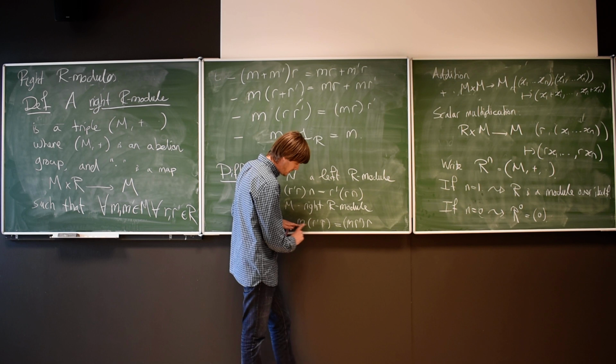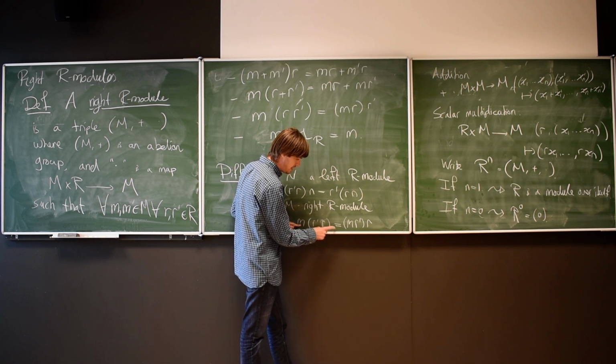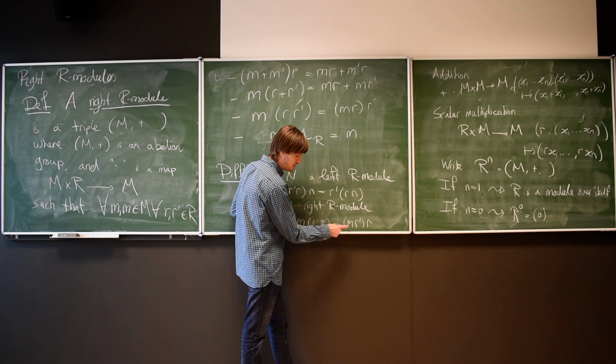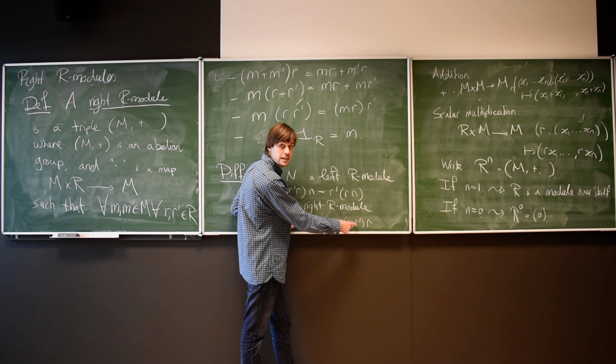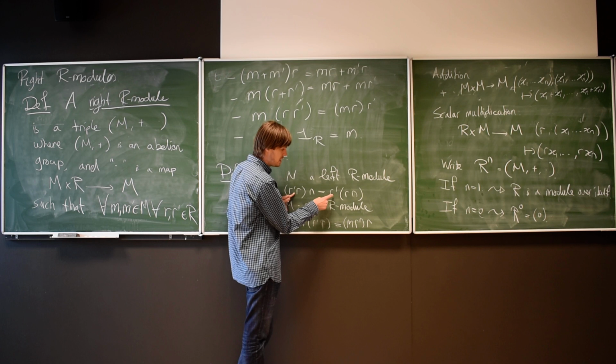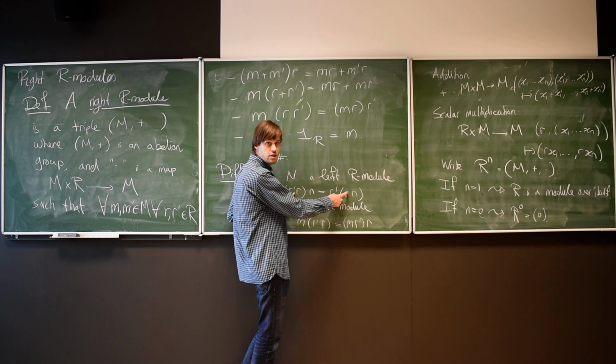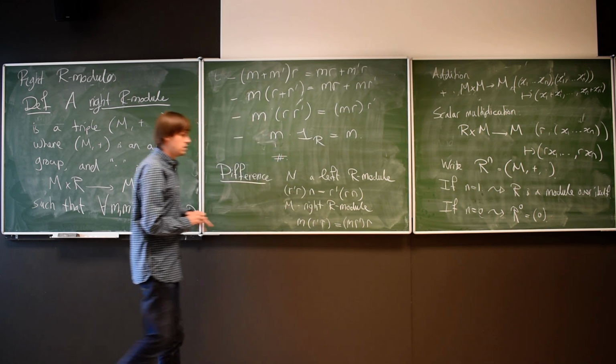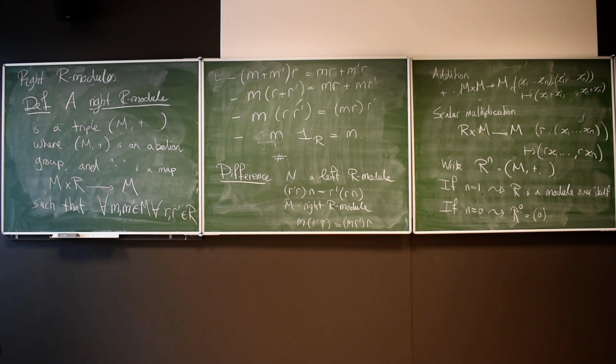So if I multiply here with the product, the axiom is saying this is the same as first multiplying with r' and then with r, whereas in this case it's saying it's the same as first multiplying with r and then with r'. So this is why these two notions are different.